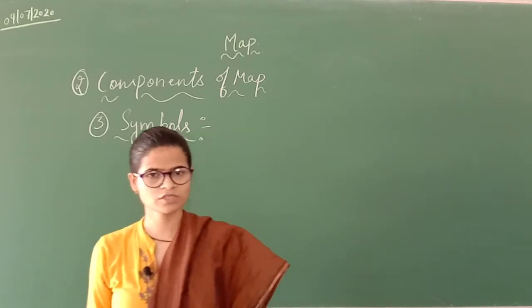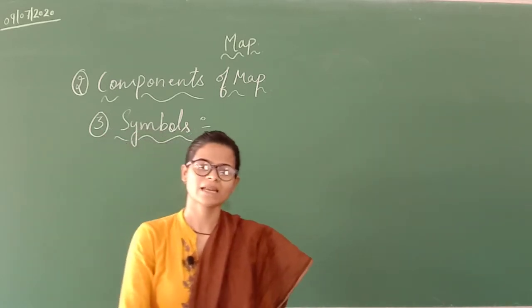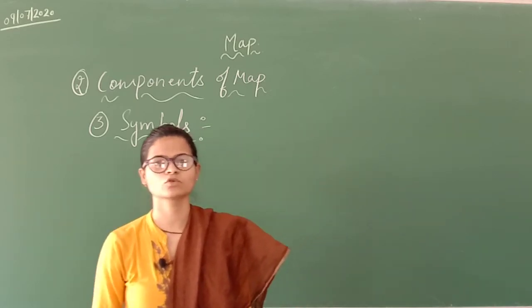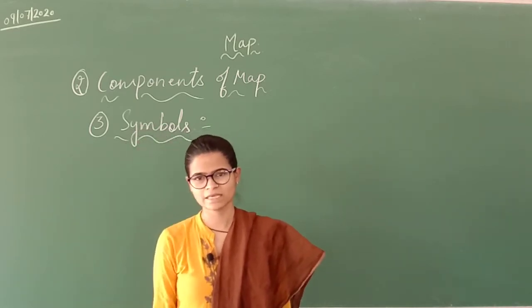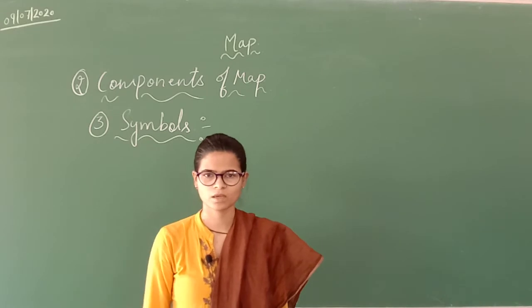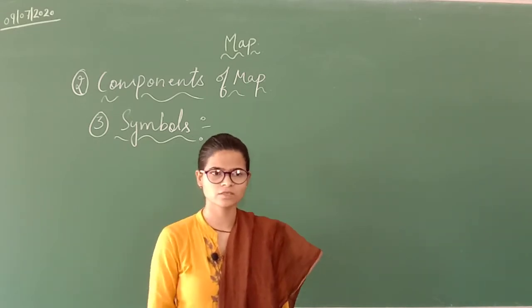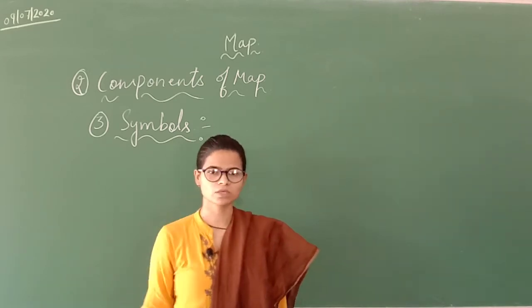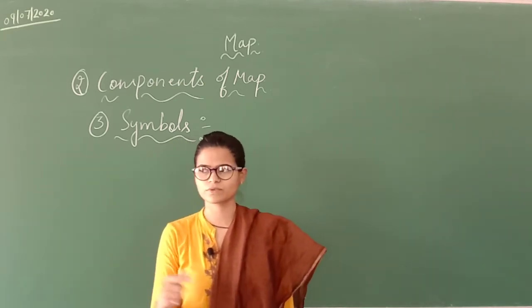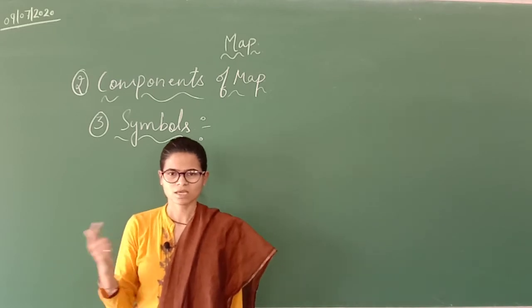For example, rivers, oceans or seas are denoted by blue color. That is a symbol. Mountains are denoted with brown color, and roads are denoted with black, something like that.